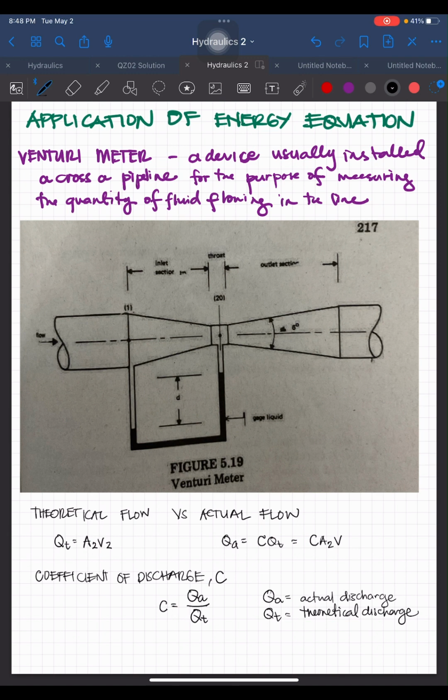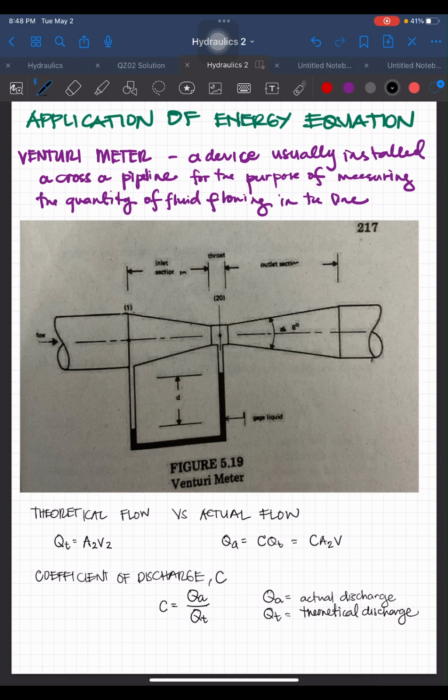So para makuha mo yung actual discharge, you have to multiply the theoretical discharge with this coefficient of discharge. This is actually a correction factor. So usually binibigay siya sa problem, minsan yun ang pinapahanap, no? Pero yung mga ganong klaseng problem ay napakadali lang i-solve, lalo na kung kabisado mo naman ang Bernoulli energy equation. Okay?